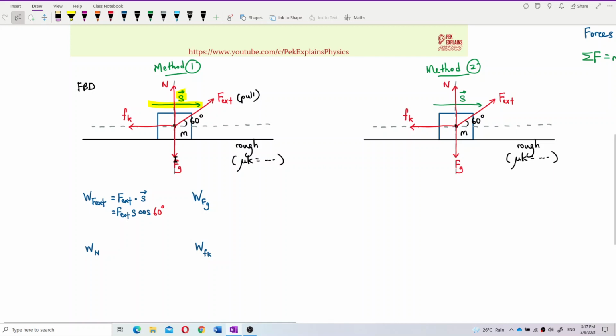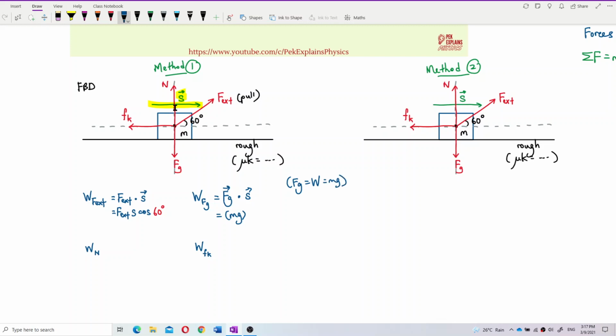Now how about the work done by gravitational force? We use gravitational force dot with displacement. Fg is actually mg, because it's the weight. We don't write it as W because W looks like work done, and we don't want to confuse the two.